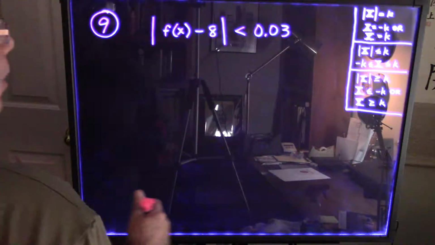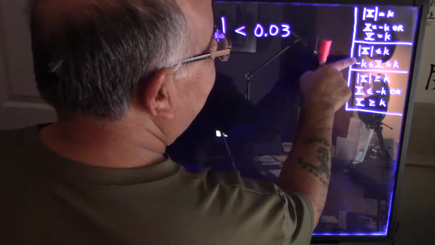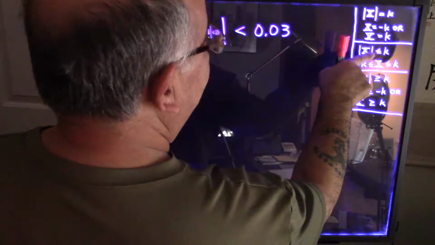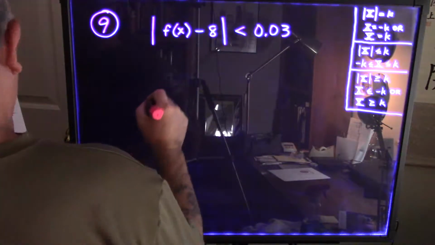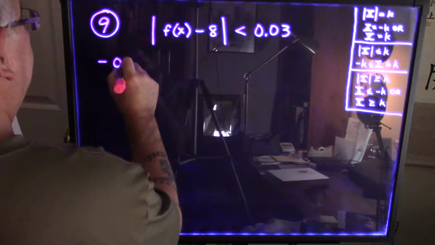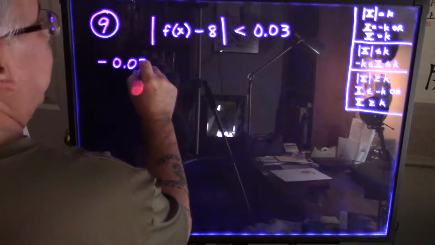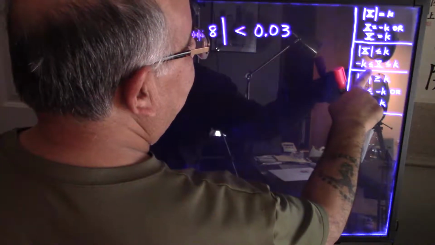Let's solve this. We can use this format right here in the middle, except we're using less than and not less than or equal to. So you've got negative 0.03. That's your k, 0.03 there, so that would be negative k.